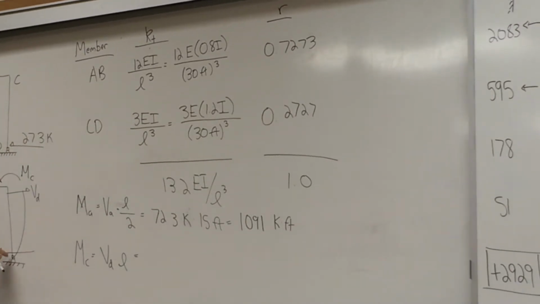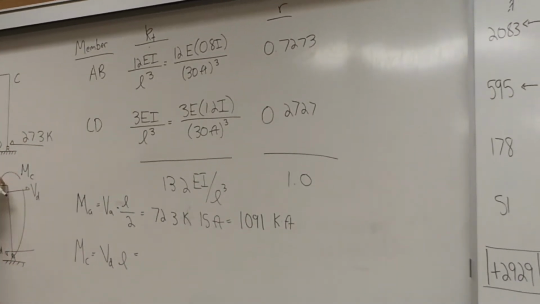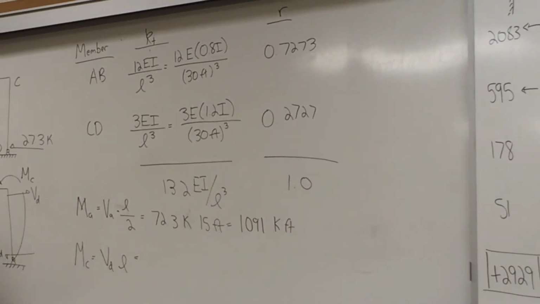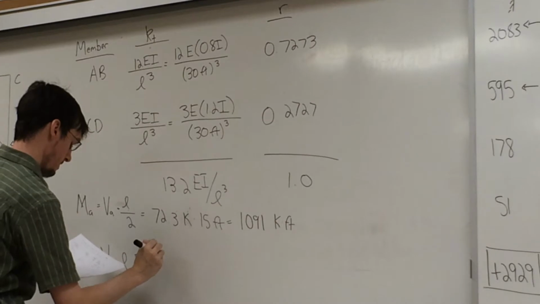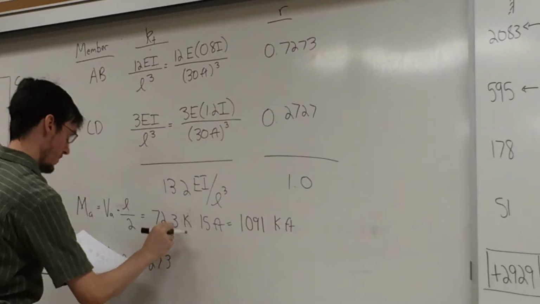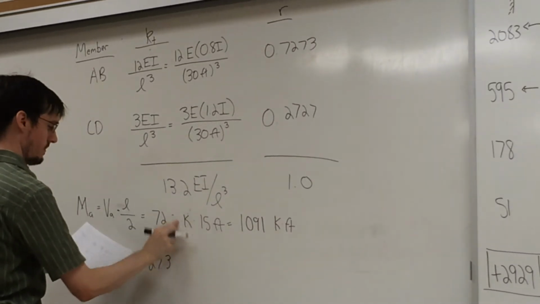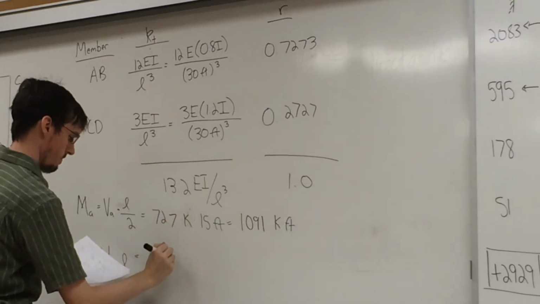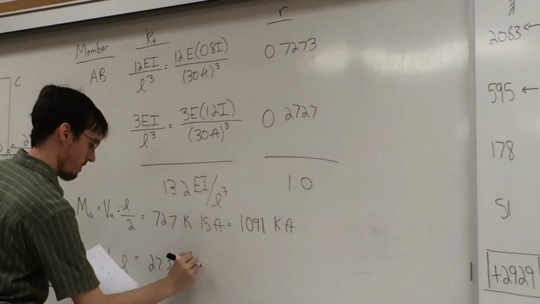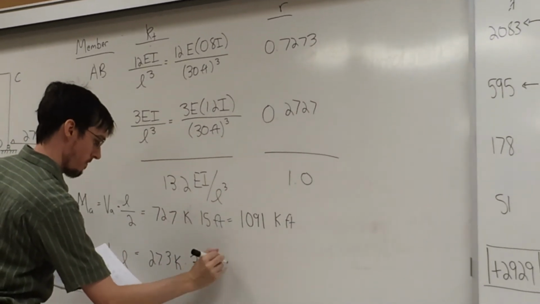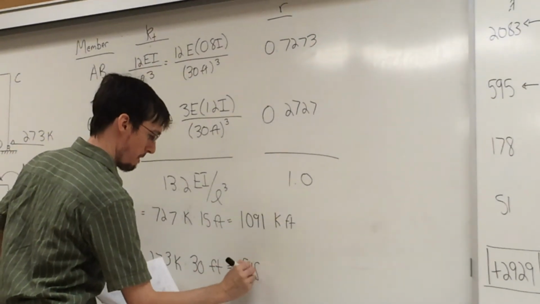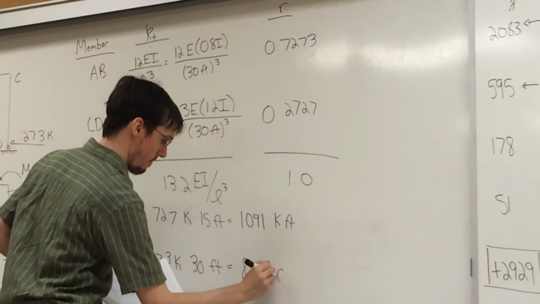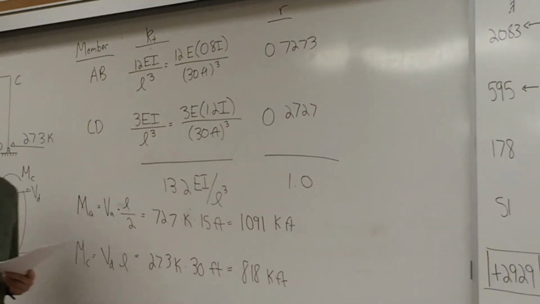And for this one, we just have the shear force VD times that length L. And we end up with 818 kip feet.